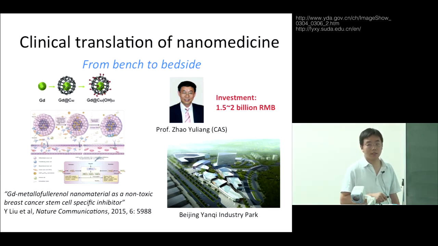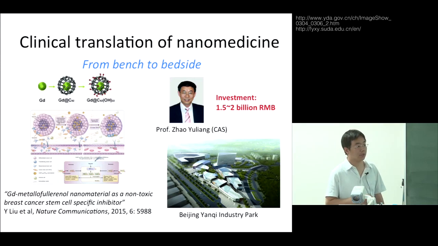It can prevent the growth of these breast cancer stem cells, and it can also inhibit metastasis. After publishing this paper, they filed a patent and decided to do the clinical translation.